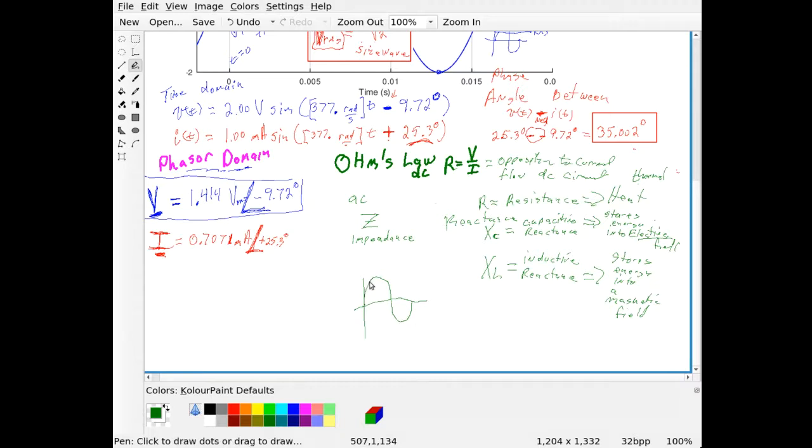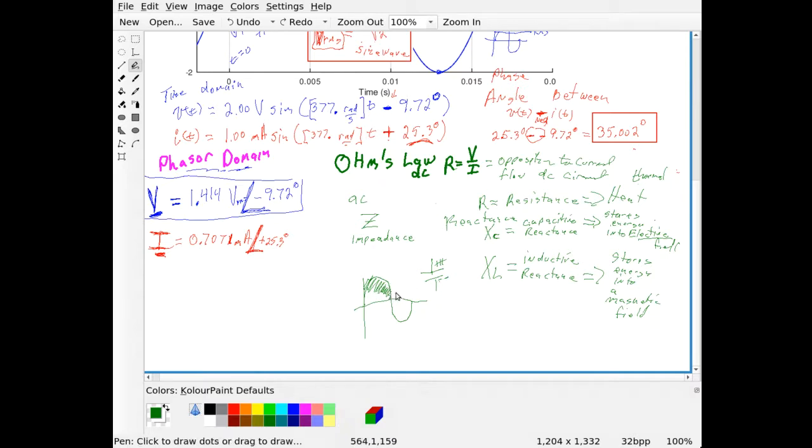So during the positive cycle, you're charging up the capacitor, and you're putting electrons on the bottom and taking away electrons from the top, and you're storing that energy inside of the dielectric, inside of that electric field. But that's only during the top half.